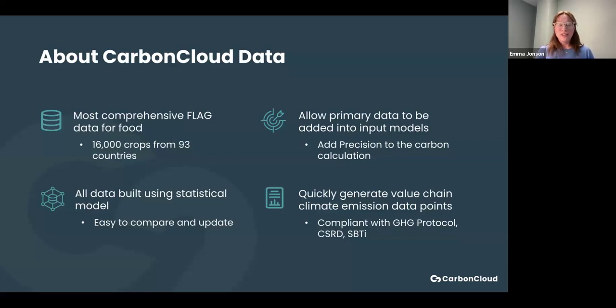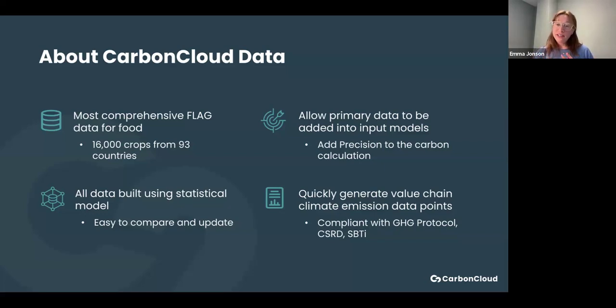And it's with the help of these statistical models that I talked about that makes it possible for us to provide this amount of footprints. As I mentioned, all data is built using statistical models, so that makes it easy to compare and update your footprint based on any change in production.